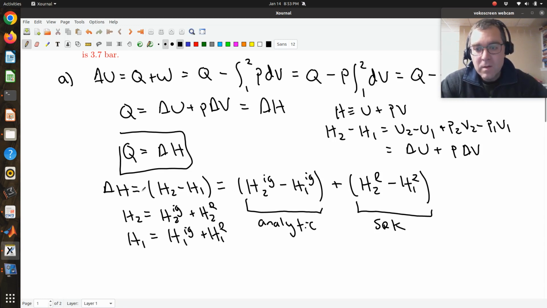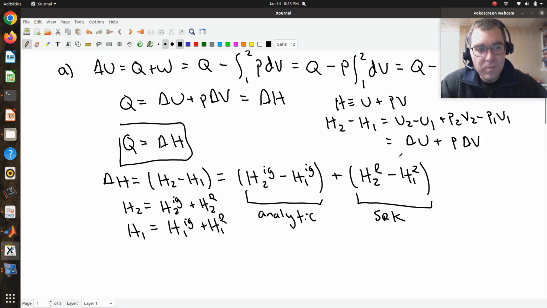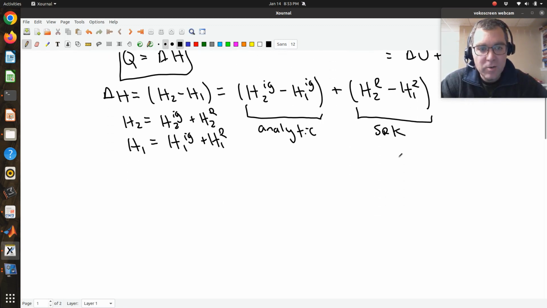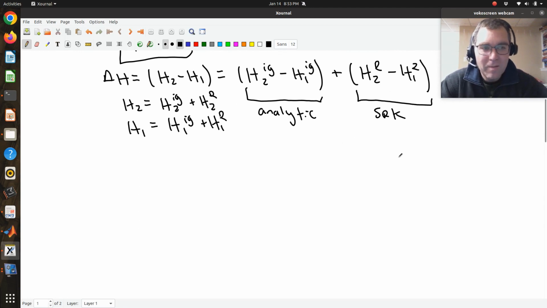So delta H, I'm going to break up into a difference due to my ideal gas contribution, and then here's my residual contribution, the term that results from the fact that molecules interact and take up space. Let's start with the ideal gas contribution.